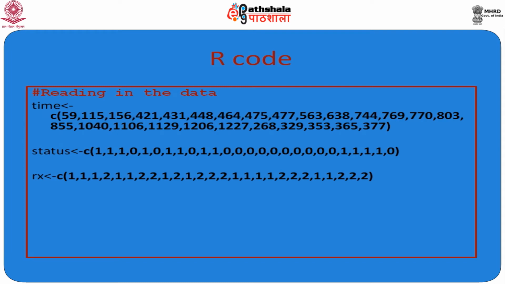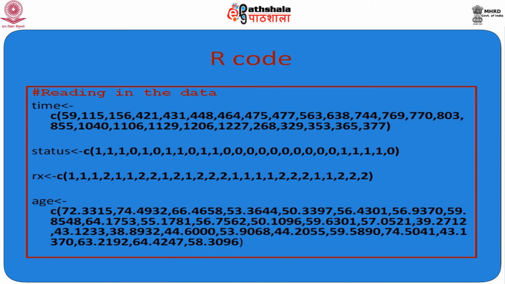Here we are giving two types of treatment by putting 1 and 2, and again assigning the age of these patients: for the first patient the age is 72.33 when he entered the study. The second patient's age is 74.49 years, like that all individuals have their corresponding age entered, and these ages are assigned to a variable named age.